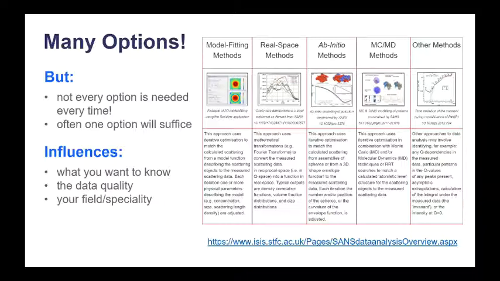There are a number of model fitting programs available, each of which has its pros and cons. But as we heard earlier, none of this means that model fitting is necessarily the best method. It is a method that's available to you.